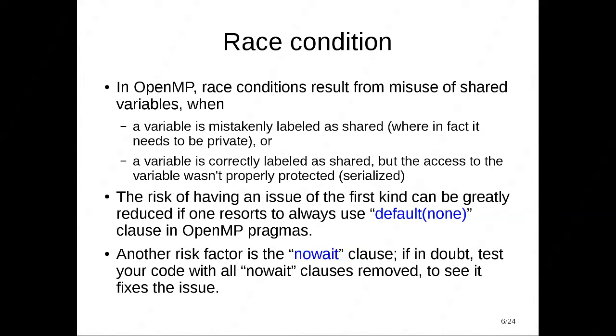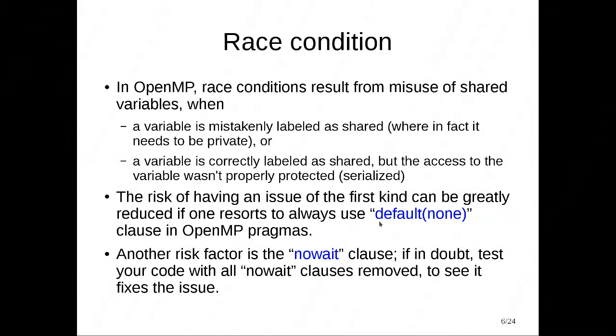If all threads just read a shared variable, you cannot create a race condition bug. But if at least some of the threads write to that location, there is an opportunity for a race condition bug. The risk of an issue of the first kind can be greatly reduced, especially if you're a beginner.